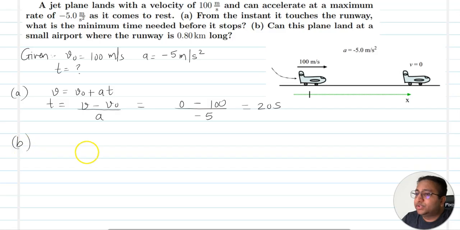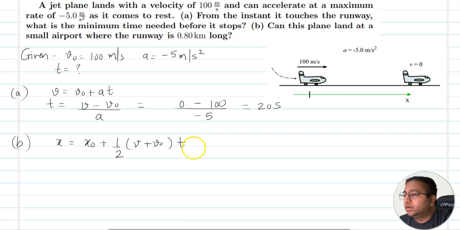So for this, we are going to use the formula x equal to x0 plus 1/2 (v plus v0) times t, which is one of the equations of motion. In this formula, we will enter the given values. For the time being, I will bring x0 to the left-hand side, and I will rearrange the equation in this format.